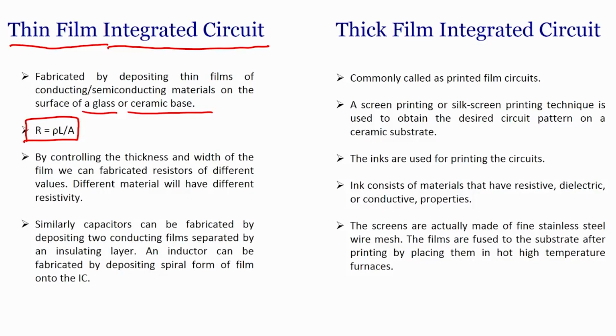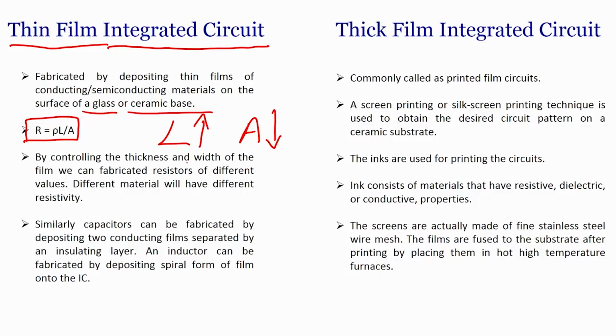So, can we make a resistor using thin film technology? And if yes, how? Can we change the resistivity? It is very easy, we change the material, right. But if you want to change the resistance, assuming that the material is the same, then what can you do? You can either increase the length or you can decrease the area, is not it, because your equation is R equals rho L by A. So, what does that mean?